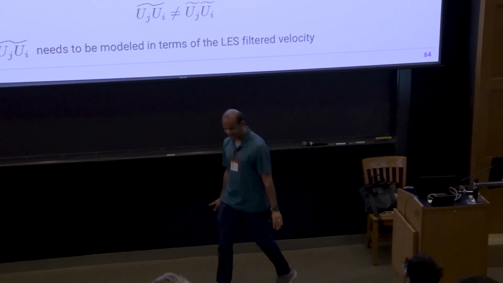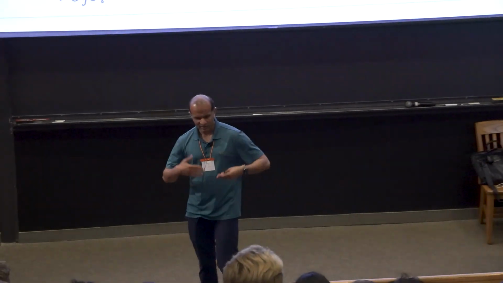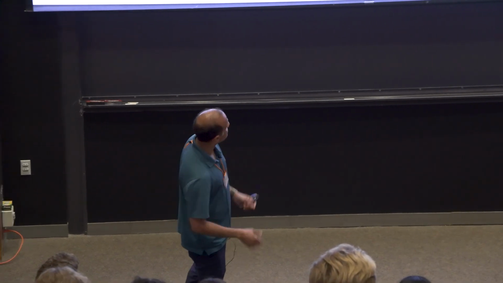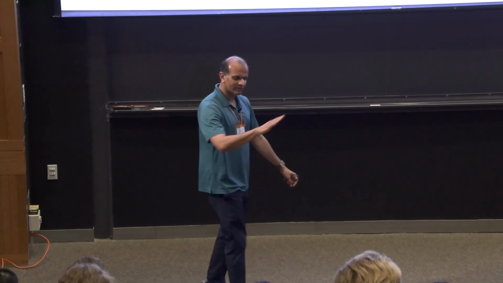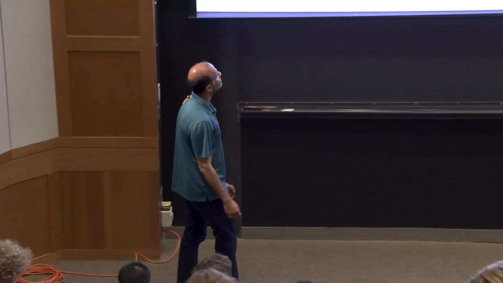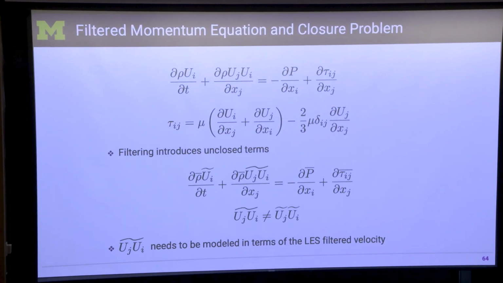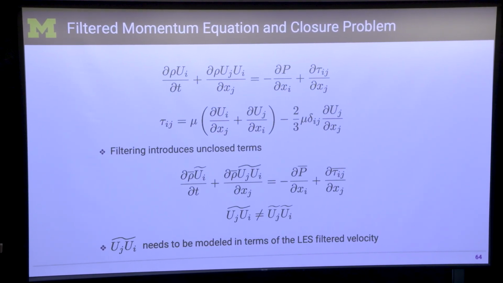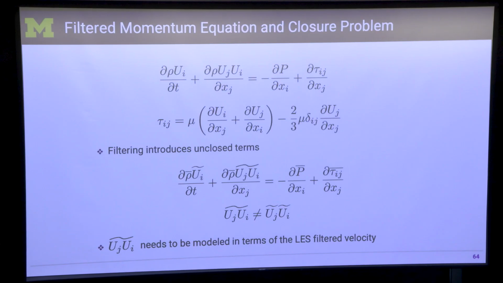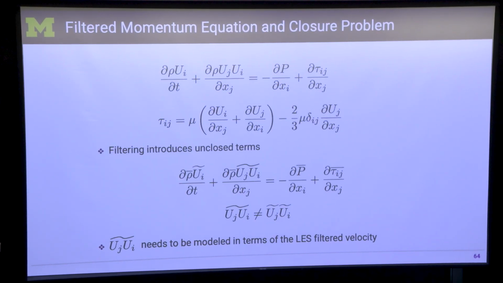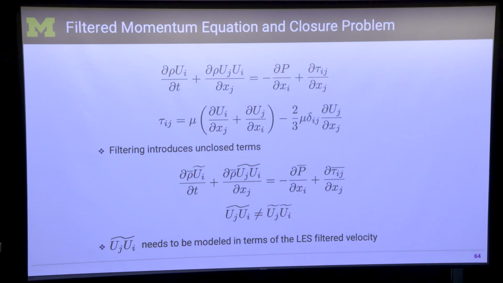Now, this is not the case if you go to other equations. The continuity equation is special, because of the nature of it, it has that unique property. But if I go to the momentum equation, I can do the same filtering procedure for the momentum equation, and what I'll get are these equations, the third set of equations that I have, and you see that I have this ui tilde.